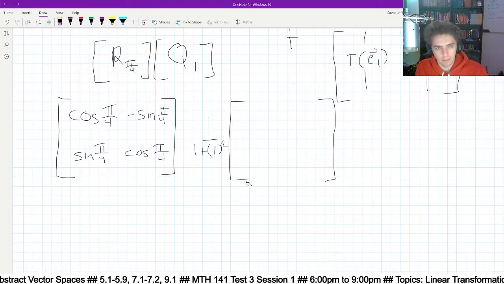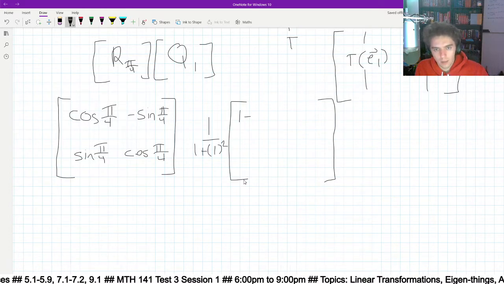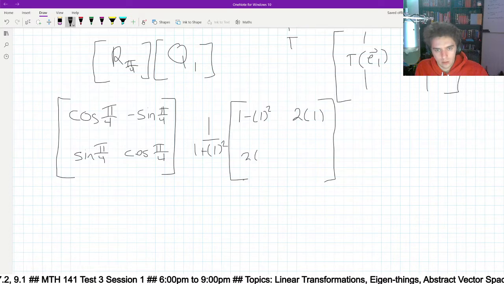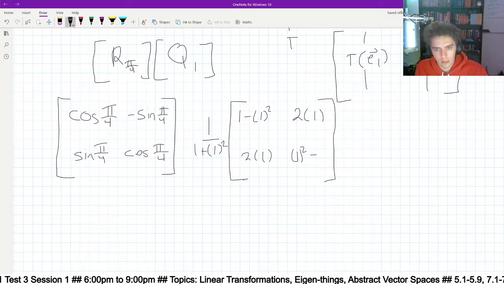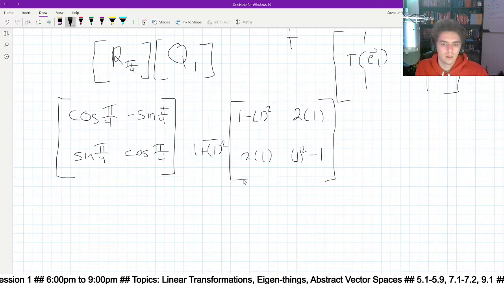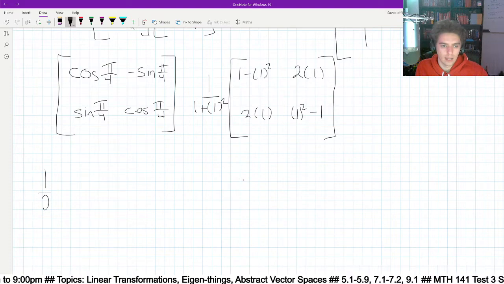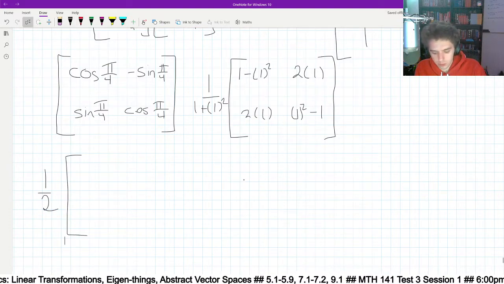So that's m, right? But m is 1 in this case, so 1 plus 1 squared, 1 minus 1 squared, 2 times 1, 2 times 1, 1 squared minus 1. Okay, so I'm going to move that 1/2 to the front, right? So it's 1/2 times cosine of pi over 4.